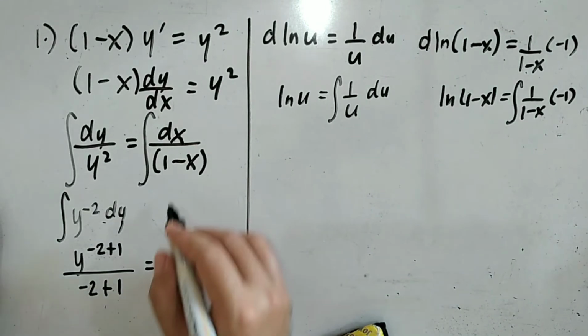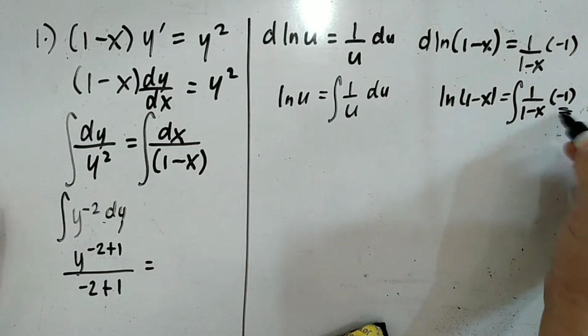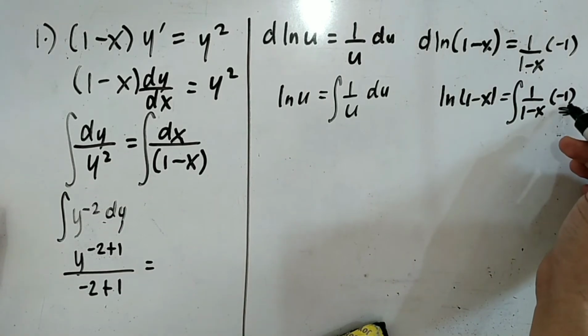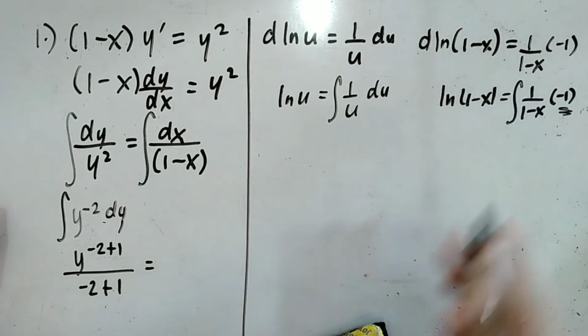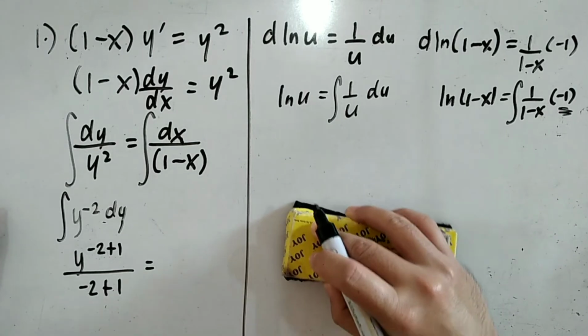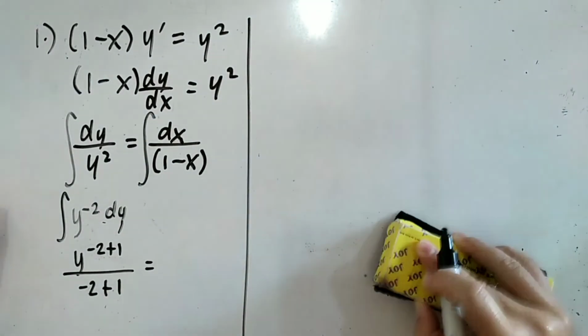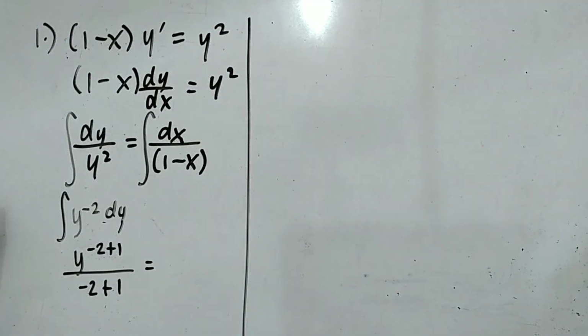But here, we do not have negative 1 so we cannot readily proceed with the integration process. But we can adjust the integrand so that we can have a negative 1 inside the integrand. So how do we do that? I guess you have already taken this in your integral calculus class.